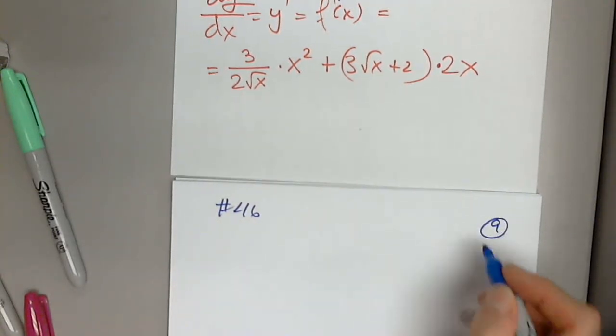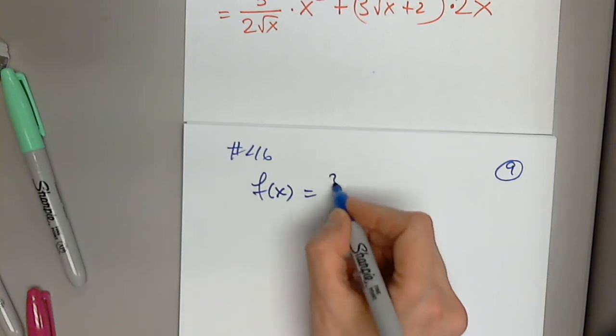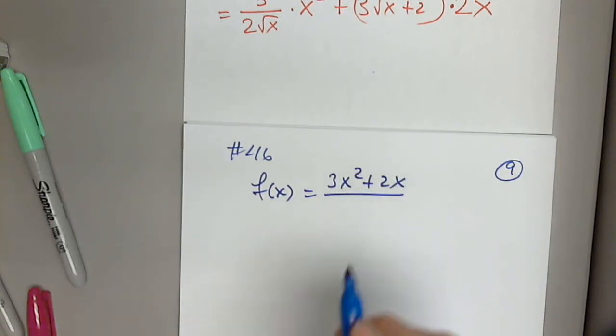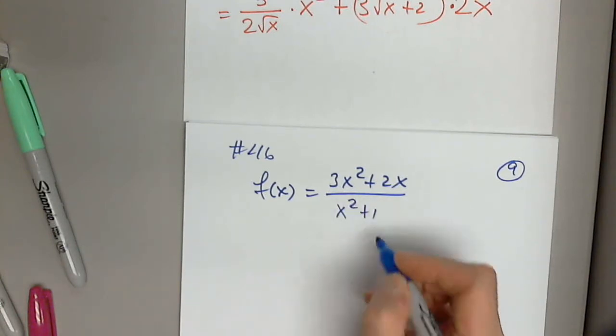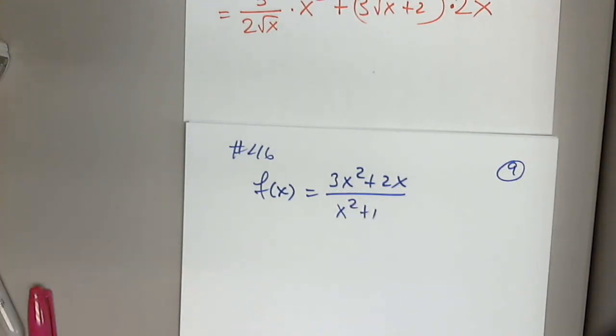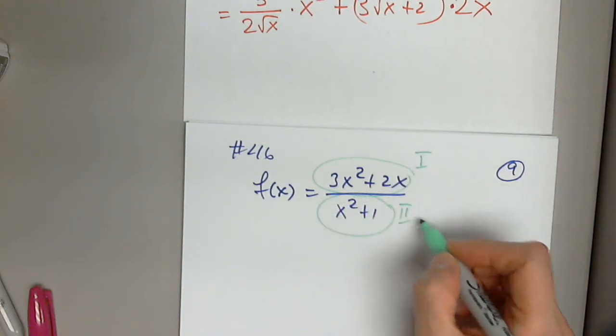Same page. And that is 3x squared plus 2x at the top, and the denominator, x squared plus 1. So this is function 1. This is function 2.